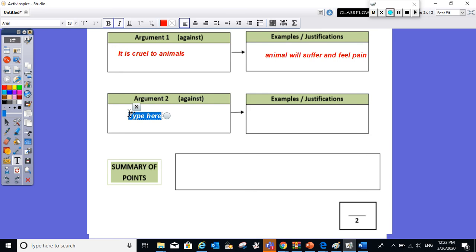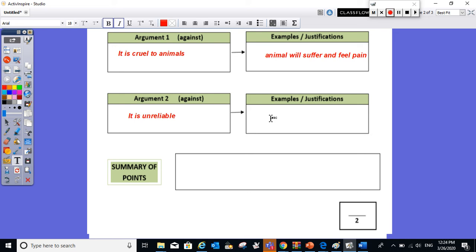Now, argument number 2, there are many arguments. Of course, you are free to choose any advantages or disadvantages for this topic. We can also say that we cannot trust these medicines. It is unreliable, which means we cannot trust it. How is that? Of course, when you do experiments on animals, they might have different reactions to these medicines, to this drug, from people.